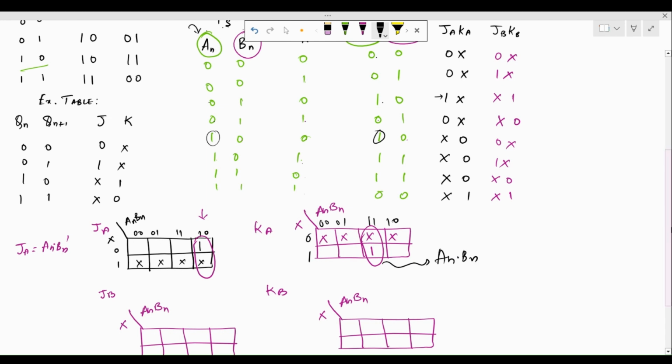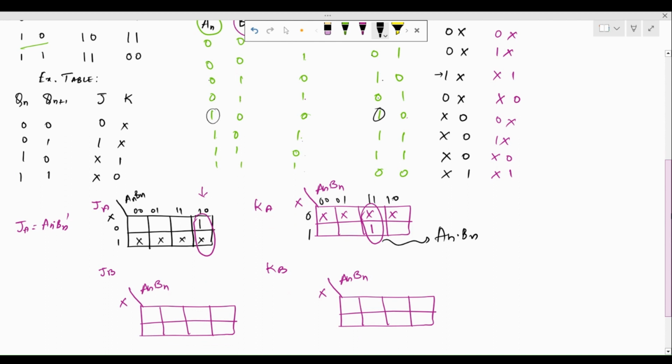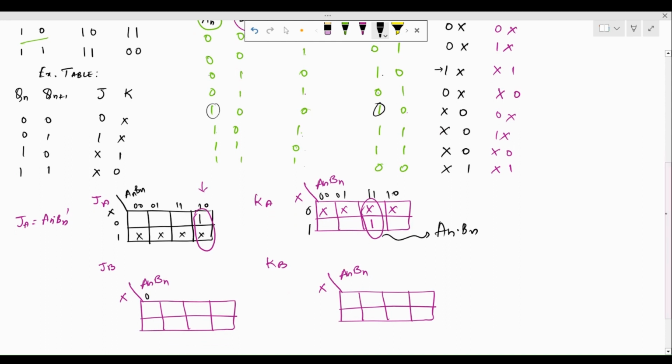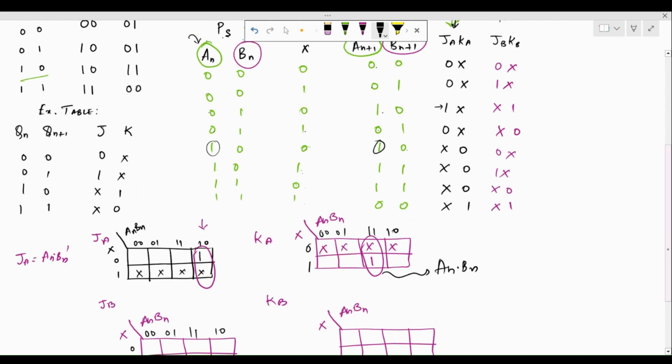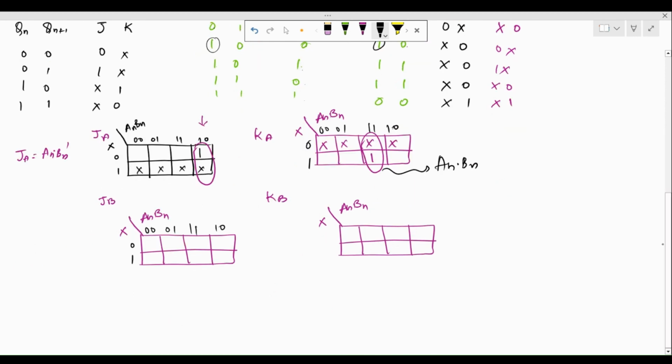Similarly, we can obtain the K map for JB. So here we'll have 0, 0, 0, 1, 1, 1, 1, 0. And JB, analyzing the column for JB, we see that it is 1 for the minterm 1, 2 and 3 are don't cares. So 1, 2, 3 are don't cares.